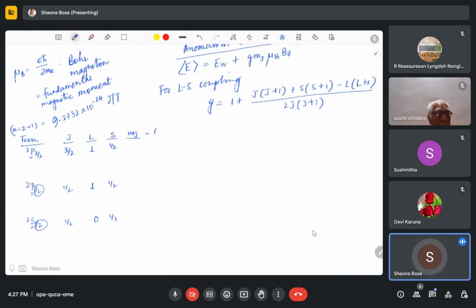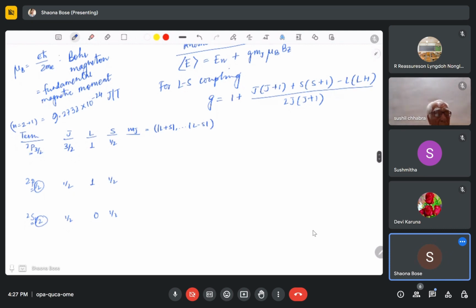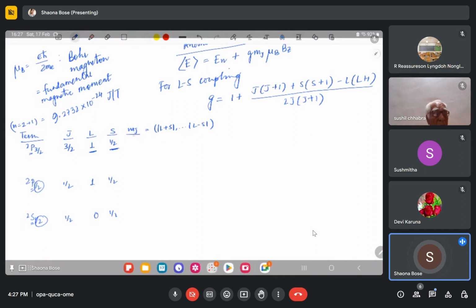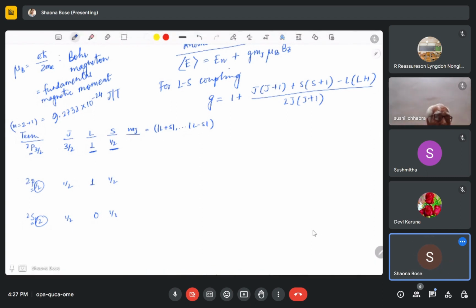Now Mj. As I had said earlier, L plus S to L minus S. So you can see for the first case, what is the maximum value? 3/2.